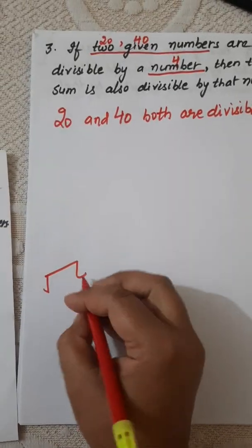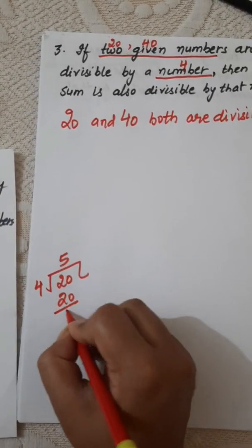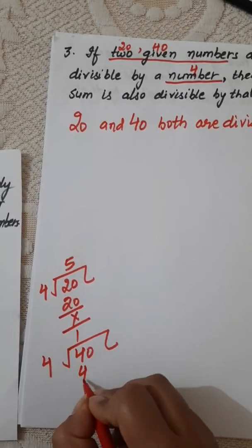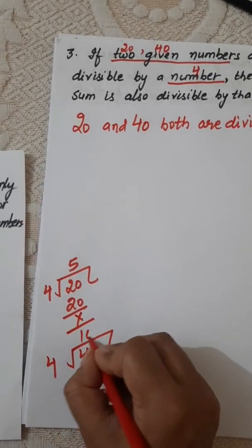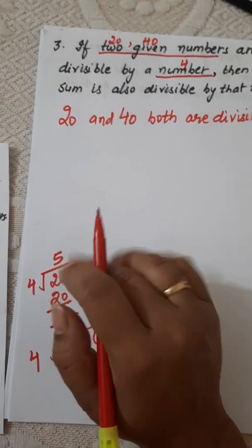Divisible by 4 means 20 divided by 4, 4 5s are 20, and 40 divided by 4, 4 10s are 40. Here 20 and 40 both are divisible by 4.